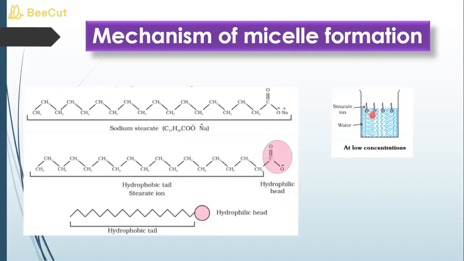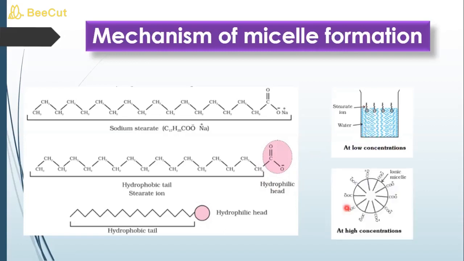At critical micelle concentration, anions are pulled into the bulk of the solution and aggregate to form a spherical structure in which the hydrocarbon part points towards the center of the sphere with the COO minus part remaining outward. Micelles may be made up of more than 100 units like this.